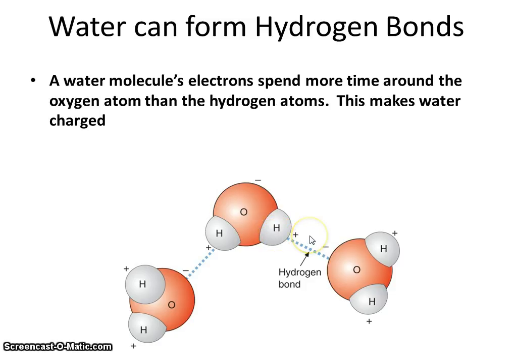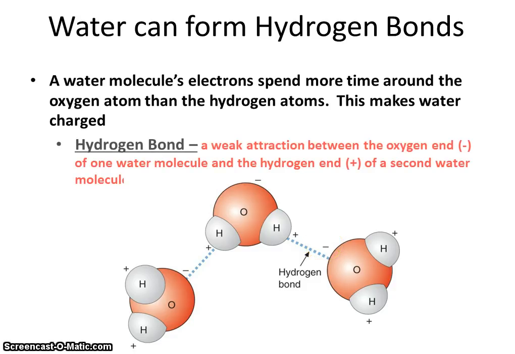This is important because when you get 2 water molecules next to each other, they both have negative ends and positive ends, and those negative ends and positive ends start sticking to each other like magnets. And that sticking is called a hydrogen bond. Water molecules in solution are forming and breaking these attractive bonds all the time, millions and millions of times a second. Hydrogen bonds are forming and they're breaking.